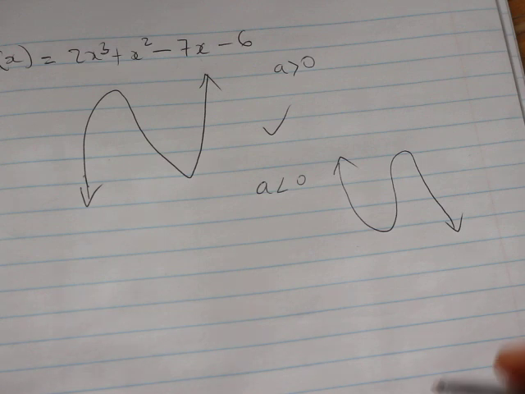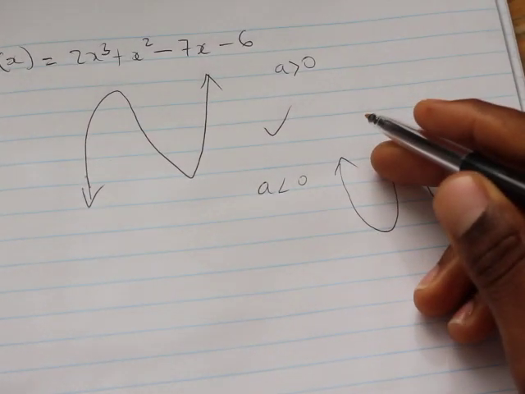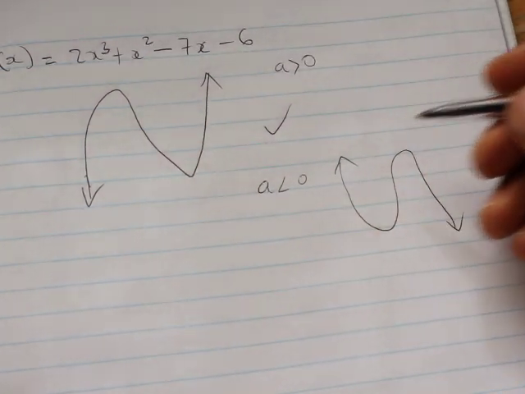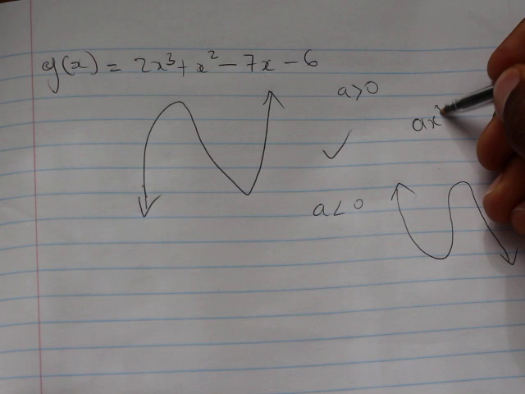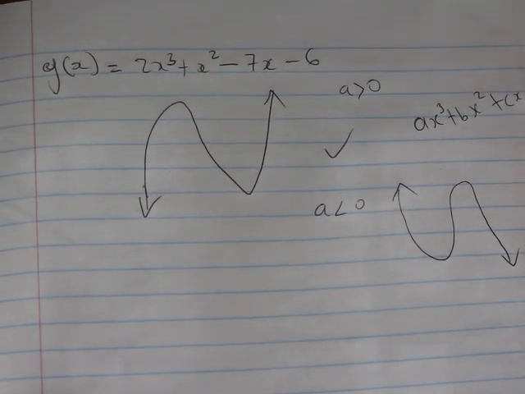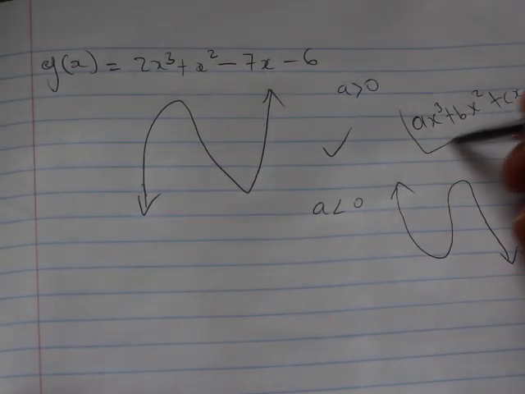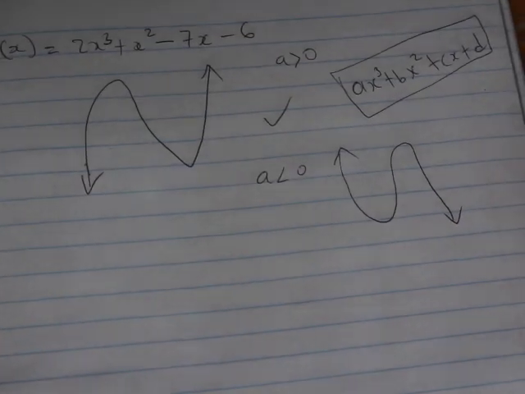That's when your a is negative. We're just focusing on the coefficient of x cubed, because remember, this is of the form ax cubed plus bx squared plus cx plus d.